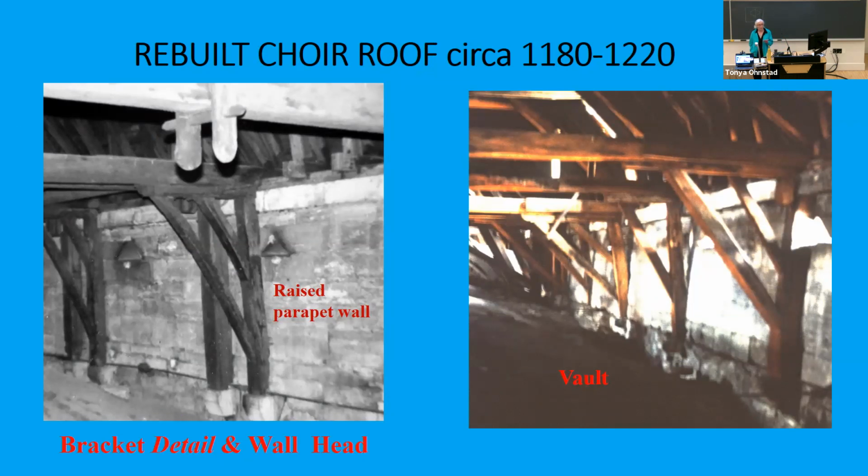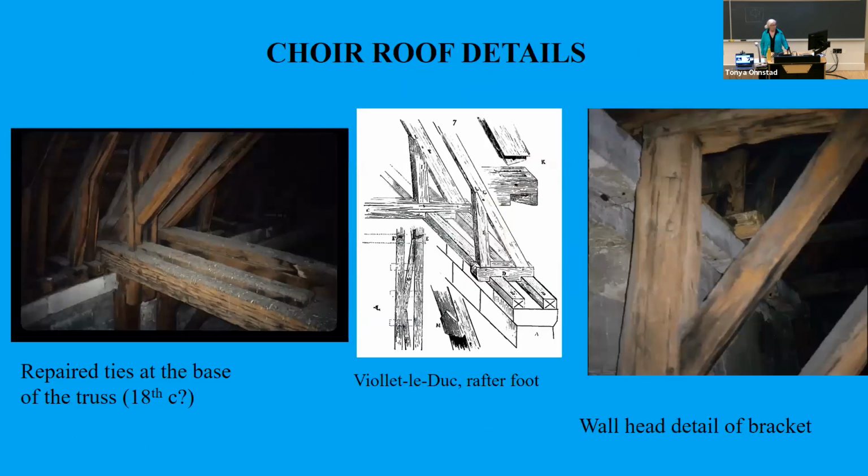Unlike Saint-Pierre de Montmartre, it has these wall plates that run along the top of the wall, and then the rafters are cut out to fit over these ties along the top of the wall. So he's really worried about that roof moving and the structure moving. So he's taken enormous care to deal with this issue.